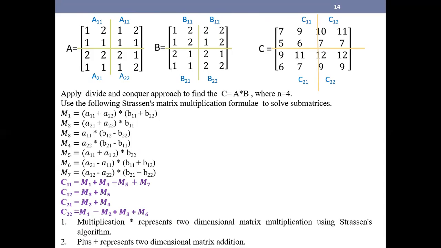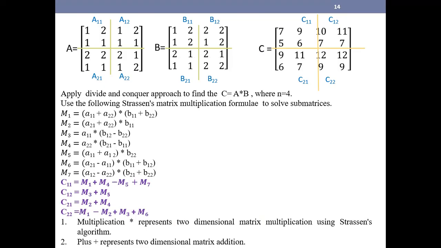Here, the star represents 2-dimensional matrix multiplication and plus represents matrix addition, because the input A11 is not a normal scalar value. In the diagram we have written capital A11, but in the formula we have small a11. Both are the same.